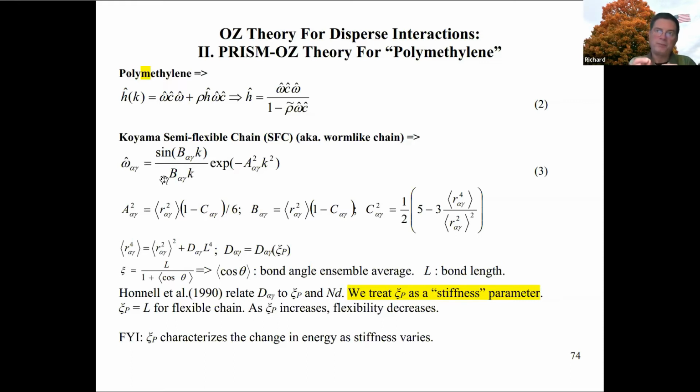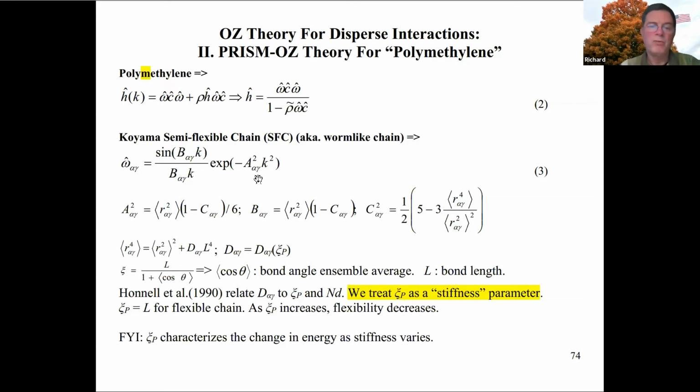We talked about how that has the sifting property, and the only thing you get out of the sine transform is the sine of KL over KL. So this is that fixed bond length contribution, and then this contribution is taking into account what's happening for the next bond over and the next bond over and the next bond over.